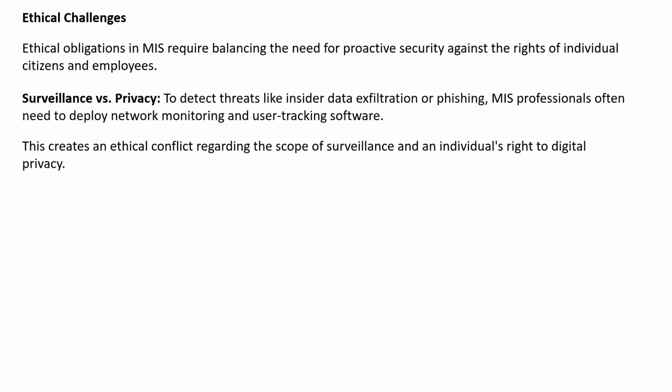All of these are best practices required to balance surveillance and privacy: collect only the data that is necessary, obtain consent when appropriate, encrypt sensitive data so that people don't have access to it, and establish clear data retention policies, because you even have the right not to be remembered.